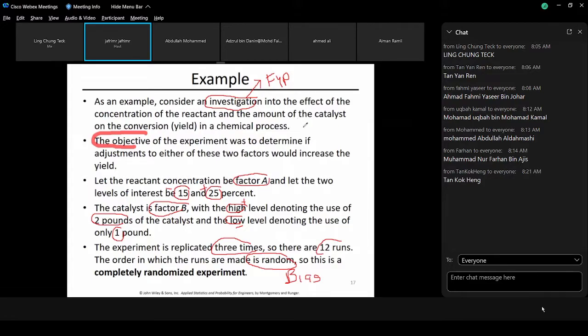For our class, the effects of this factor, concentration and the amount of the catalyst on the yield. So you must think on your own for the FYP project. Why do you want to investigate something?